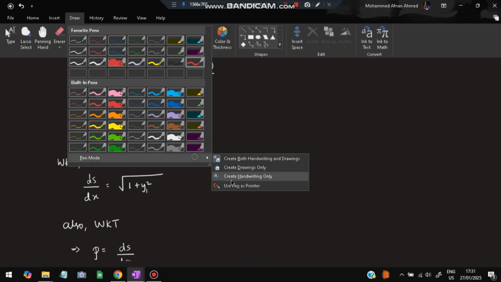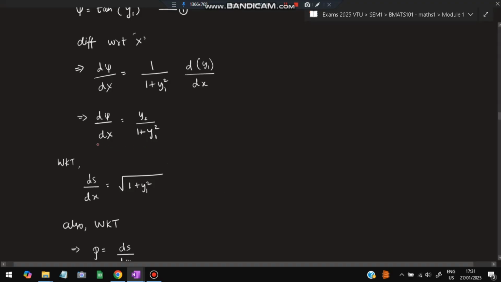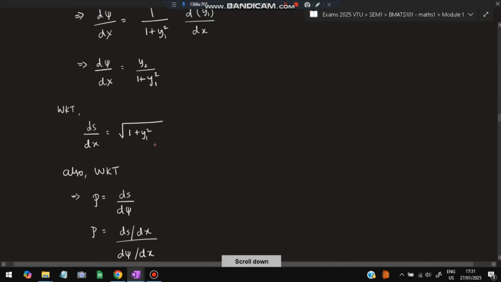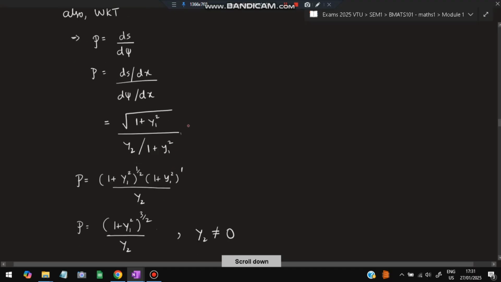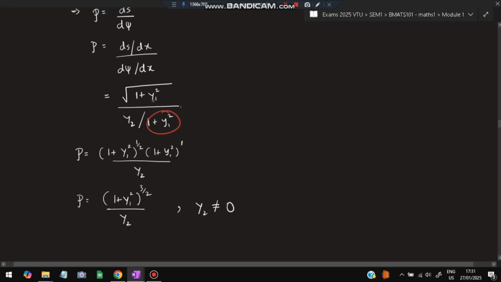Now we are just substituting d psi by dx and ds by dx in the numerator and denominator. When we substitute that, we will be getting this equation here. As you can see, this is the root of this, which means if we square this, we will be getting this. Right, so we can cancel these both. Sorry, we cannot cancel it because this is already in the denominator.